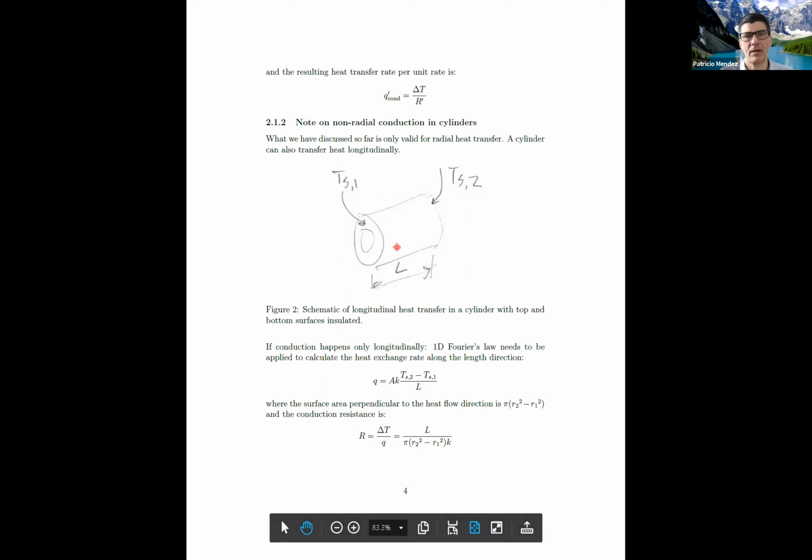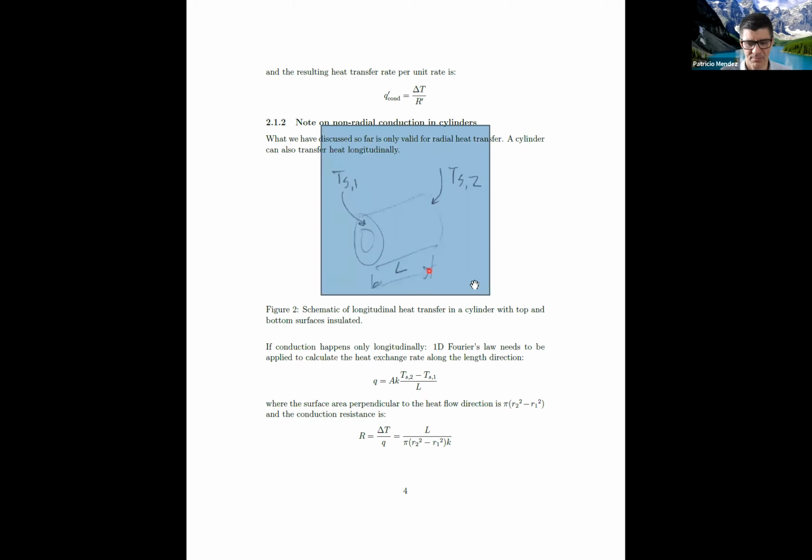Of course, it doesn't look like a wall, it looks like a cylinder, but the formulas are the same as those of the wall because it's a 1D heat transfer in Cartesian coordinates. So, very important to keep in mind. If you see a cylinder, don't jump to conclusions until somebody tells you what the boundary conditions are.